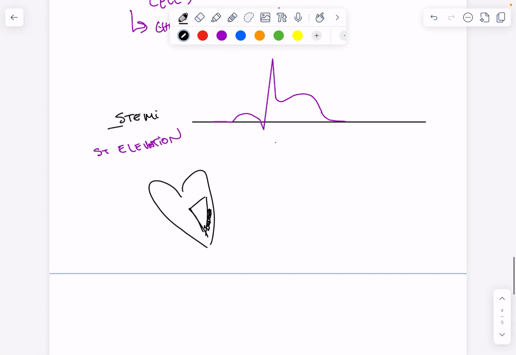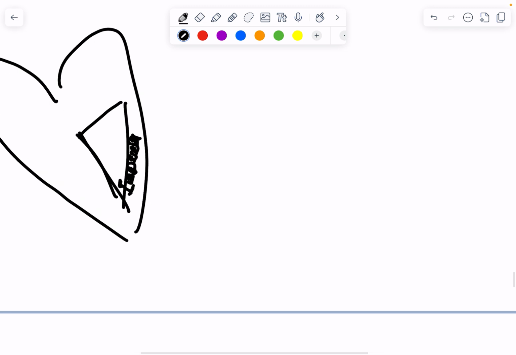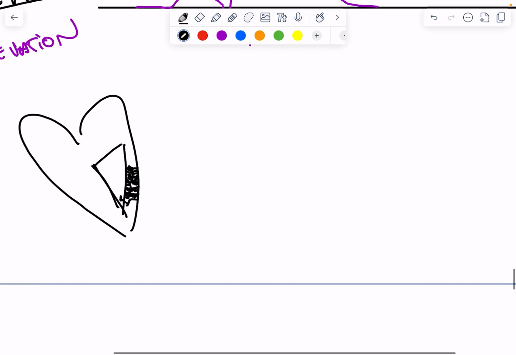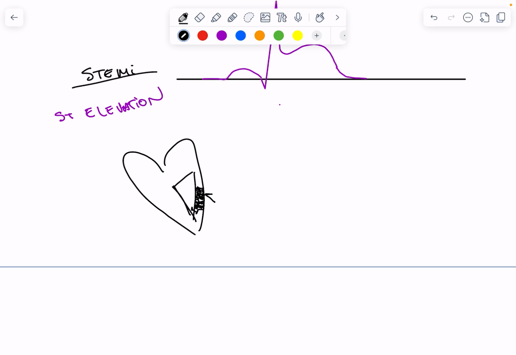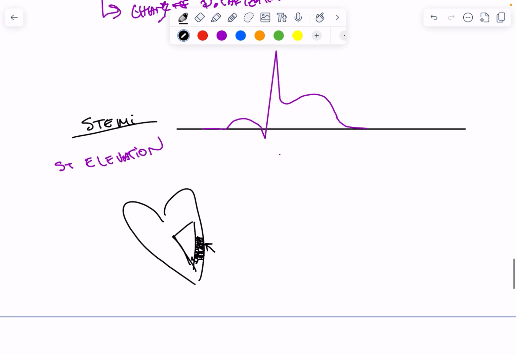However, in STEMI, it's called a transmural infarction, and so the entire heart wall on this left ventricle is totally hypoxic. And so that area of ventricular wall is going to change the average vector, and it's going to move more up, right? So the average vector is now heading in more that direction, and that's what's going to elevate the S and T waves.